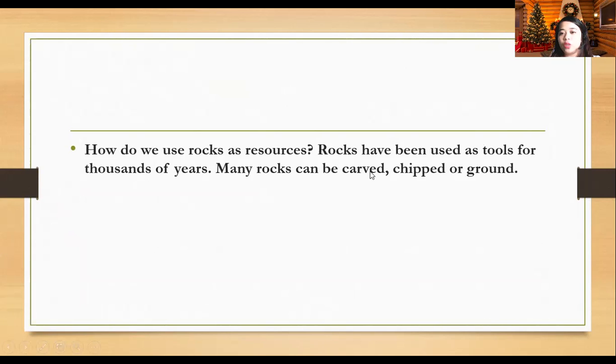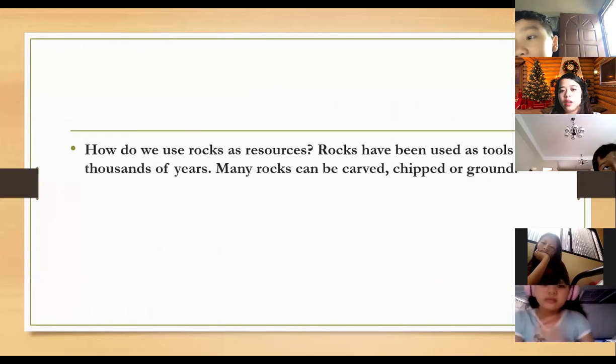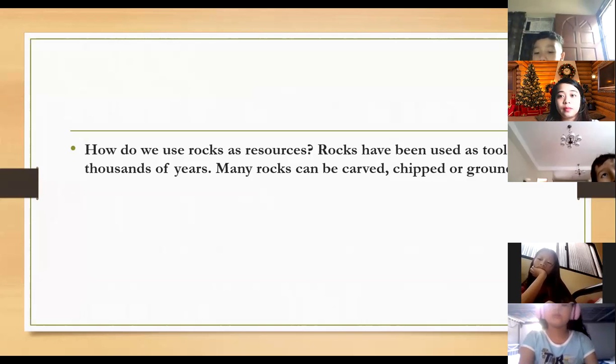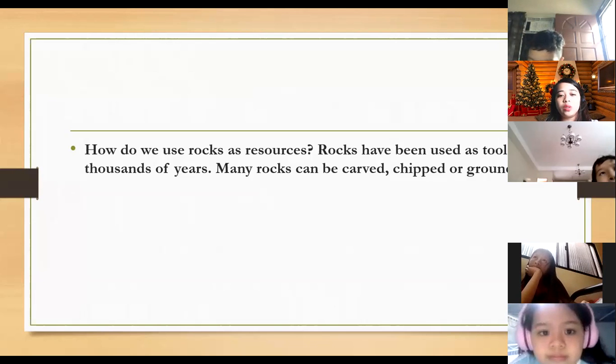Rocks have been used as tools for thousands of years. Can you still remember what we studied in Filipino Odyssey, the types of materials that old people used? They used rocks, remember? They also used sticks. And sharp rocks. Where did they use the rocks?